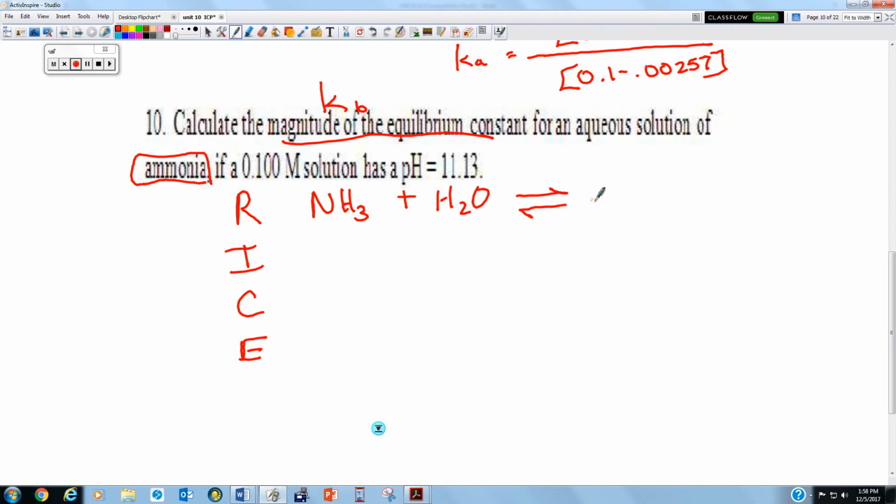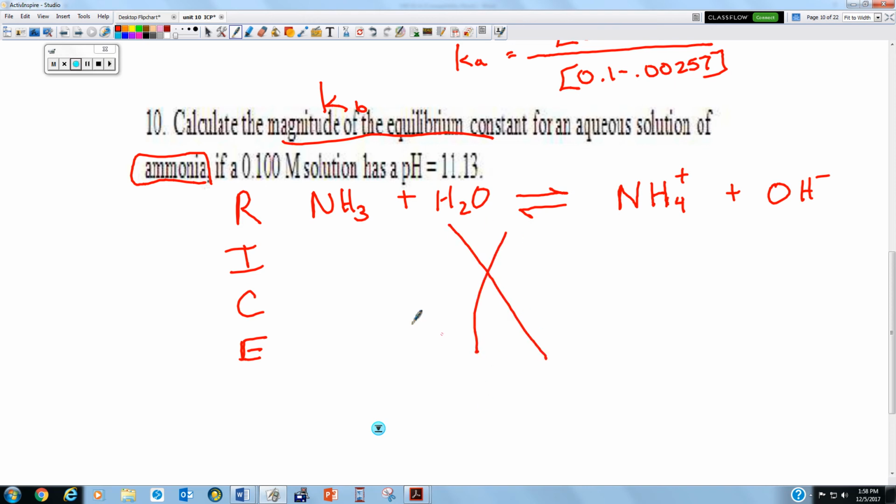And it's going to have my equilibrium reaction, so I'm going to produce what? My NH3 is a proton acceptor, so what's going to happen to this? It's going to become NH4 plus, and then I got rid of a hydrogen from water, so that becomes OH negative.